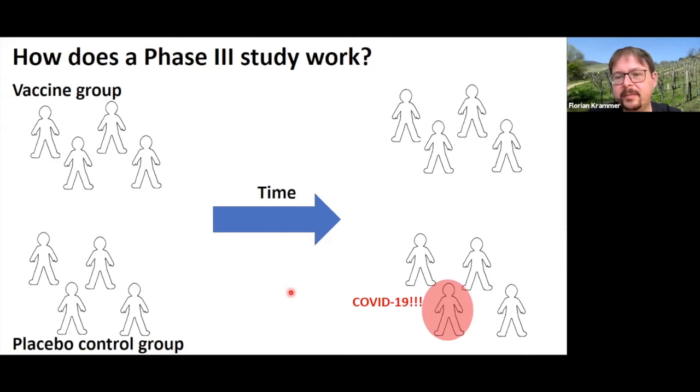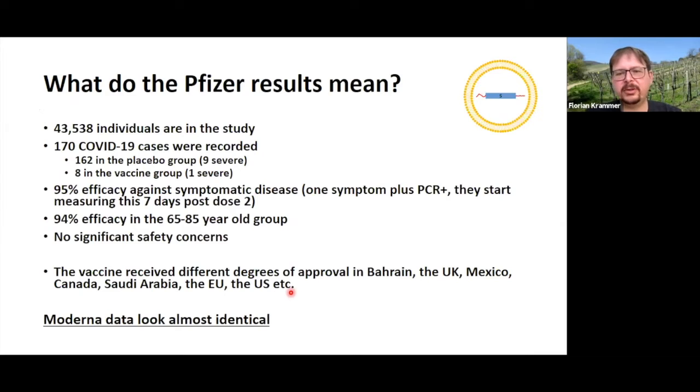And then basically, once there are enough cases, you count and you look at how many cases did happen in the placebo group and how many in the vaccine group. And of course, you want to see that the vaccine group is protected and the placebo group had a lot of cases. And so I'm going to show you the results from the Pfizer trial and from the J&J trial.